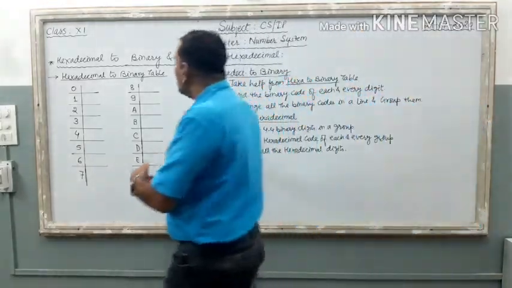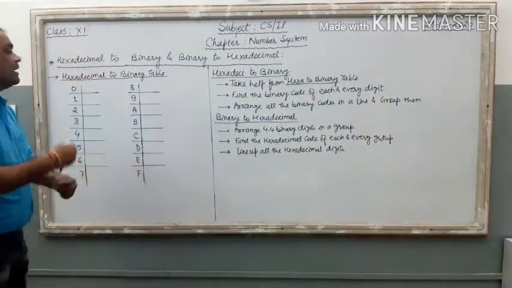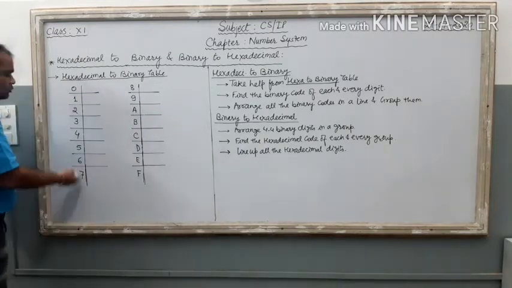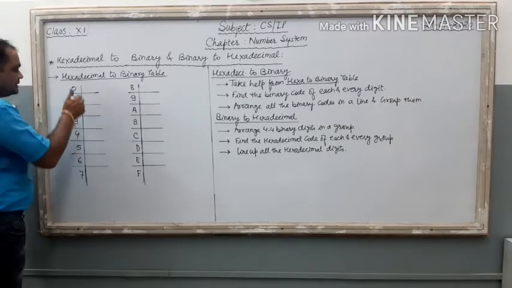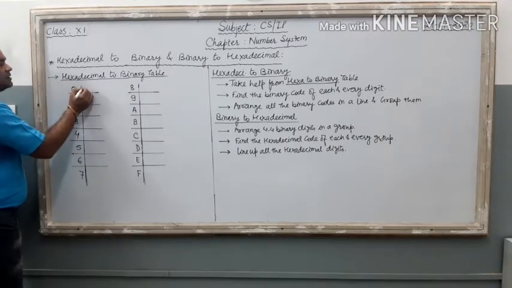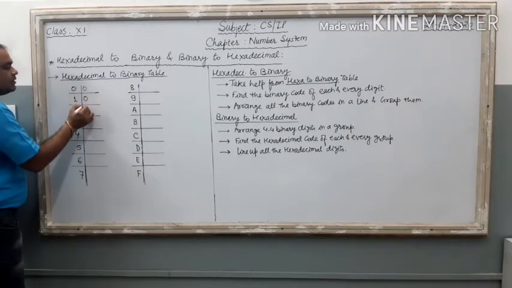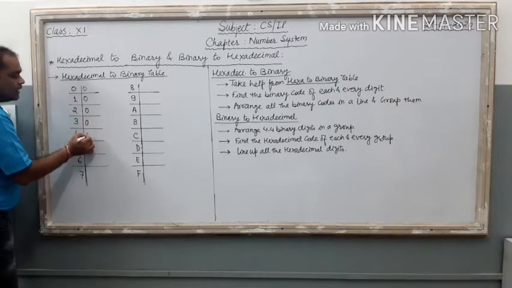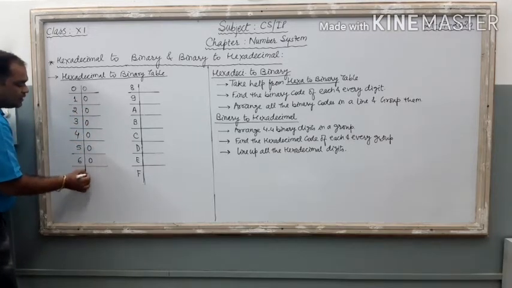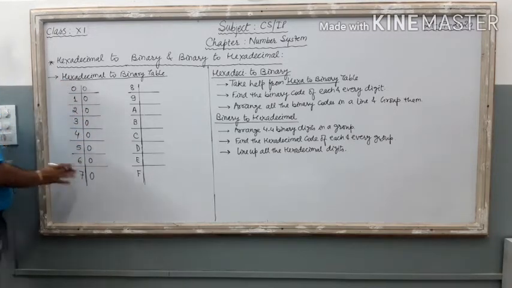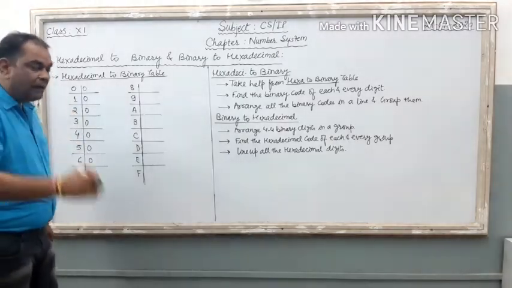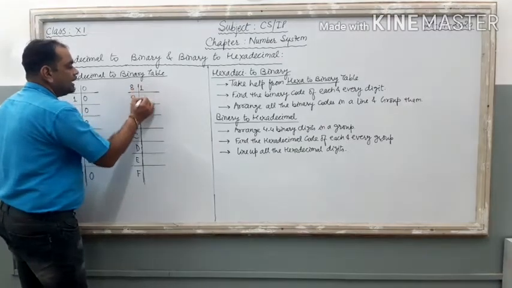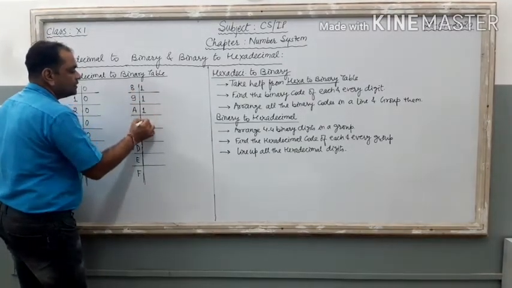Now, how to learn the table, or how you can create the table easily? 0 to 7 and then 8 to F. For 0 to 7, just put 0 in the very first position. From 8 to F, you have to put 1 in the starting position.